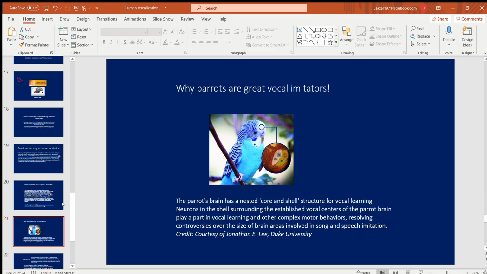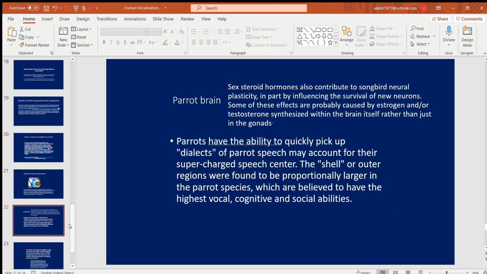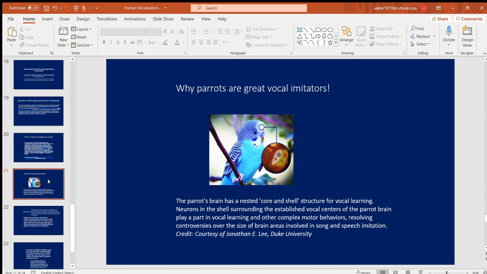They can produce the sound of a camera when you shoot pictures, very precisely, or human voice, or any other type of sound, they can quickly learn and reproduce. Okay, so it is very interesting. And also studies are being performed to understand the genes that are responsible for mimicking or imitating the song, imitating the sound.